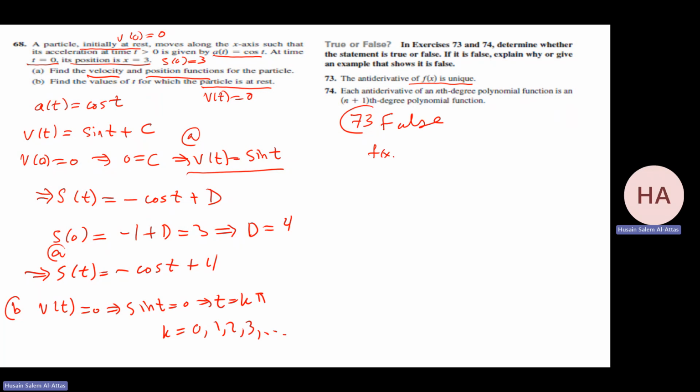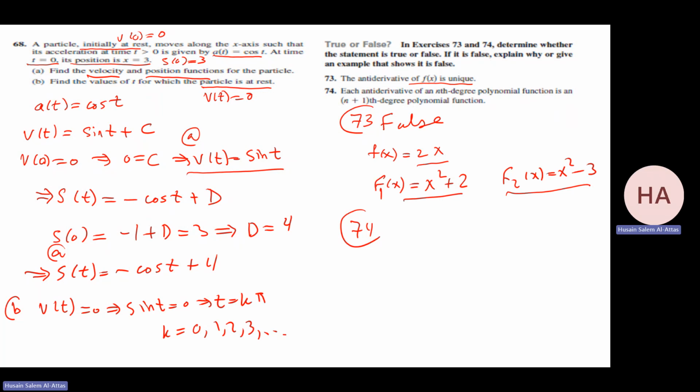Take f of x equal to x, for example. I have two capital F of x: x squared plus 2, and another one, x squared minus 3. The derivative of this gives me this, and the derivative of this gives me this. So it's not unique.